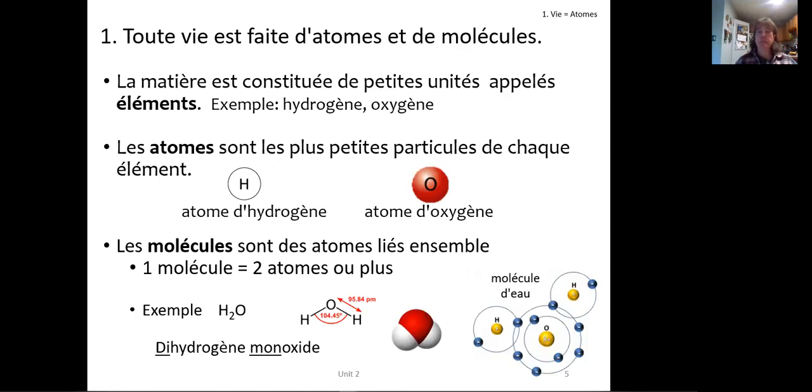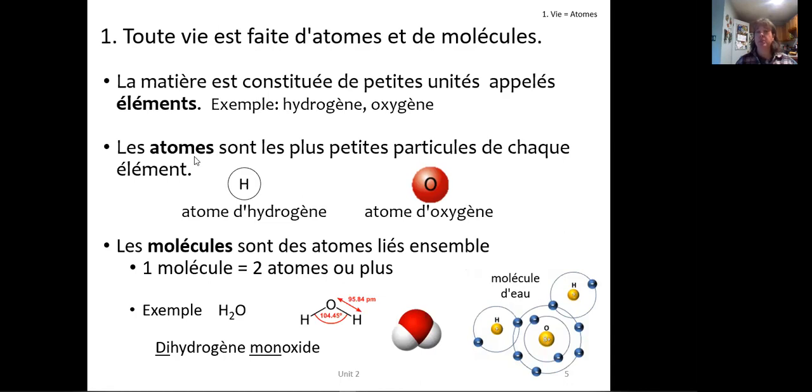Okay, matter comes in different types called elements. For example, here's hydrogen, symbolized by H. It is an element. Oxygen is also an element. What are elements made of, though? Atoms.